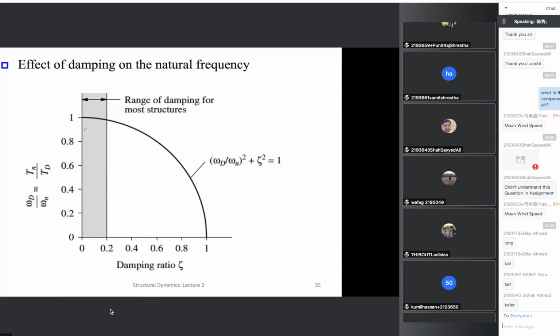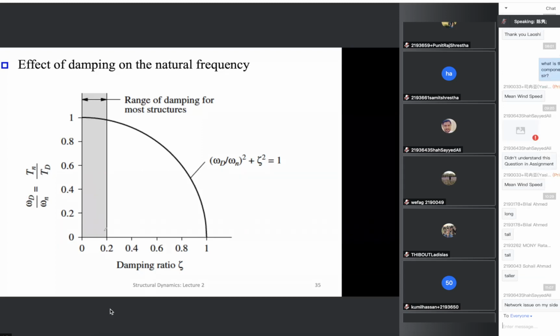You can see when the damping ratio is below 0.2, the two are very close, which means omega d is very close to omega n.